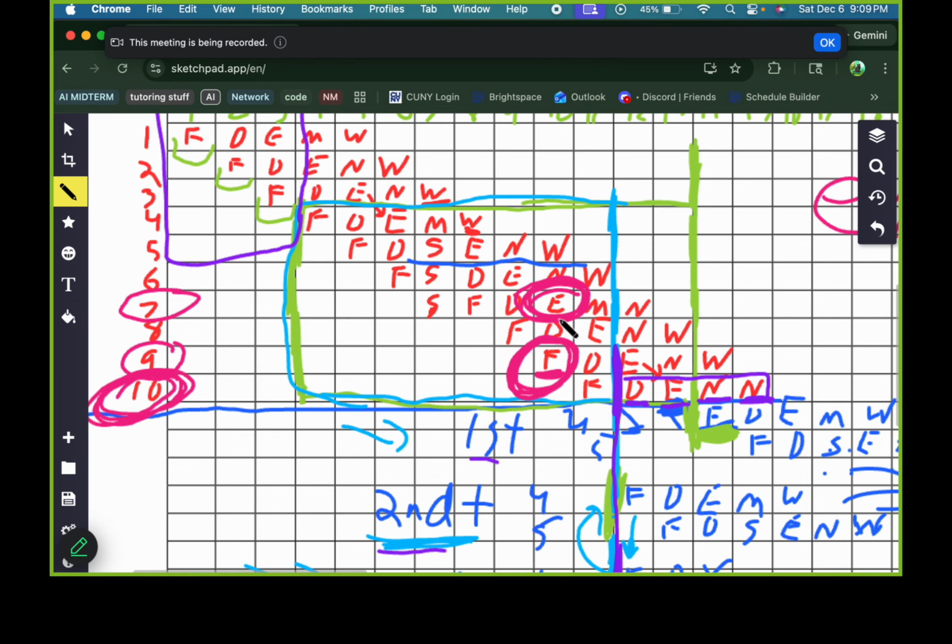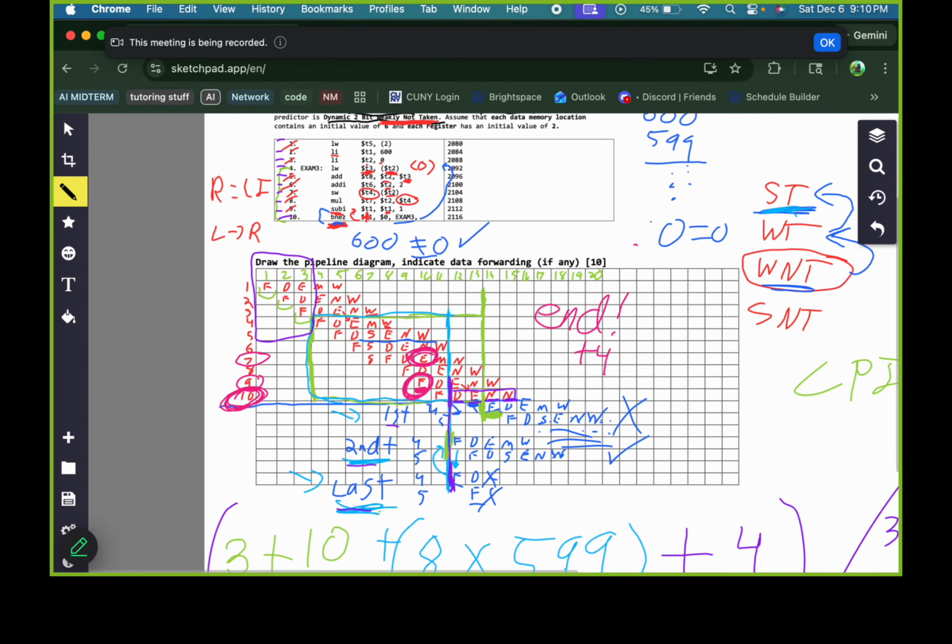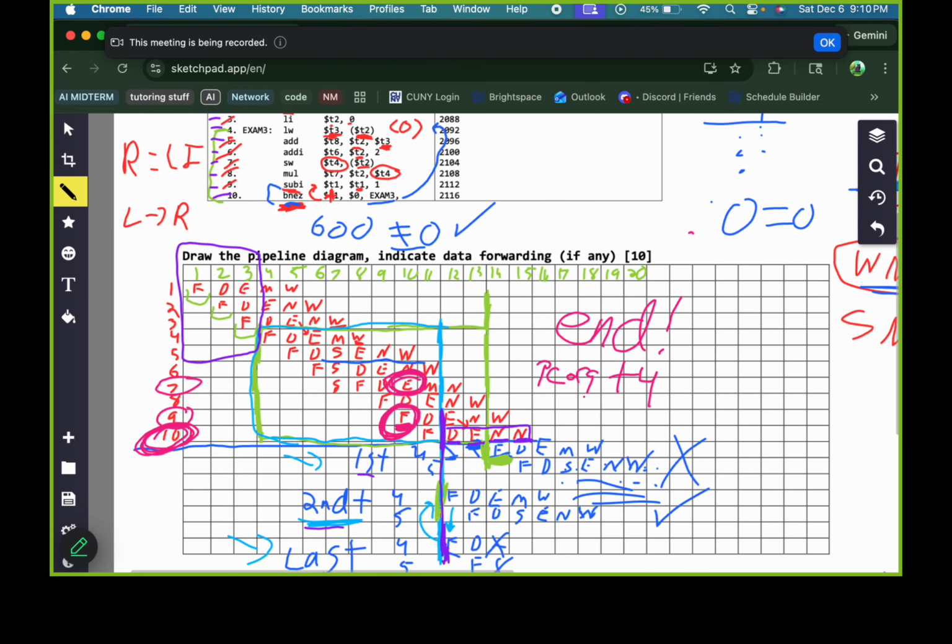Therefore, where is the program counter currently being updated? Well, at the same time as this exec is running, this fetch is running, and this is changing the program counter. Since it's the end, we want to make sure it's the PC of 9 +4. If it was the beginning, it would just be the program counter of 9. It would have just been this guy. But since it's the end, 2116 would be our answer for that one.